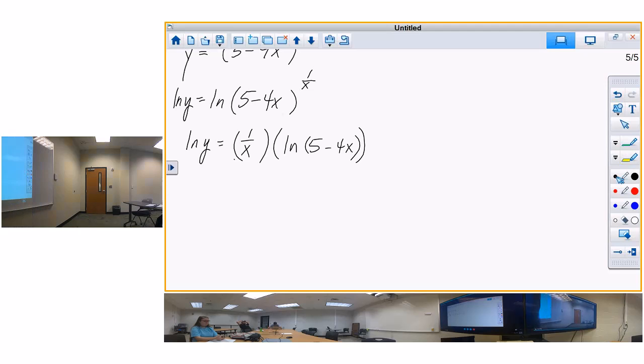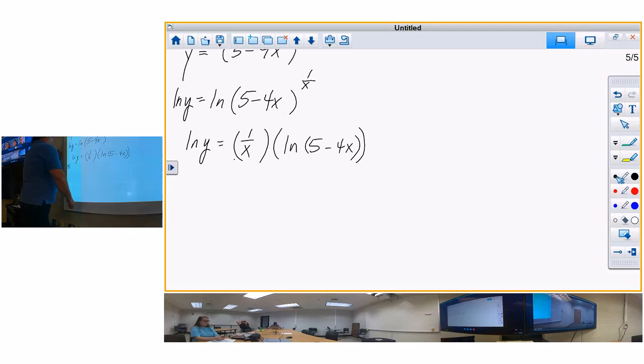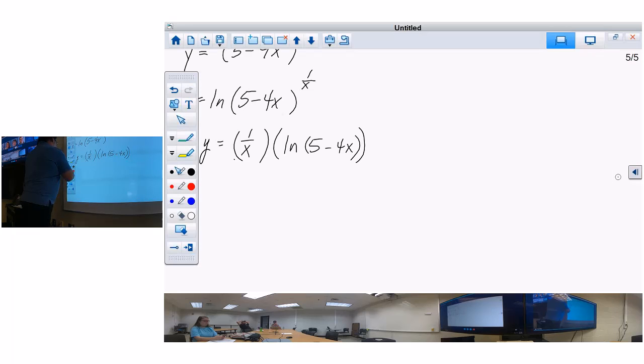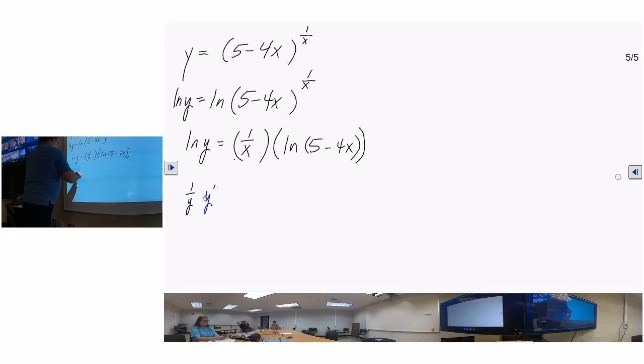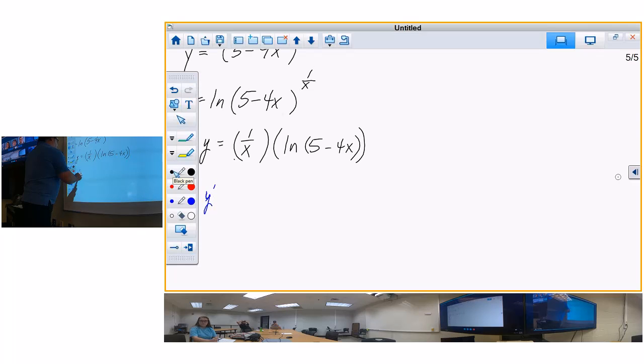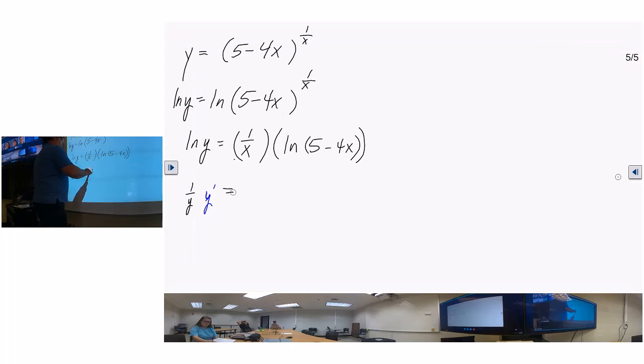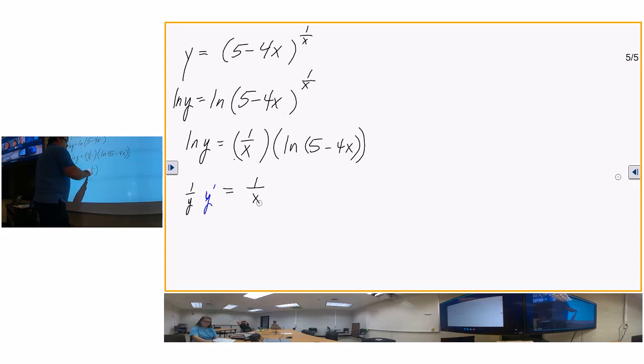And now we're going to get natural log. We're going to take the derivative of both sides. That's going to give us 1 over y times y prime is equal to, first, times the derivative of the second.